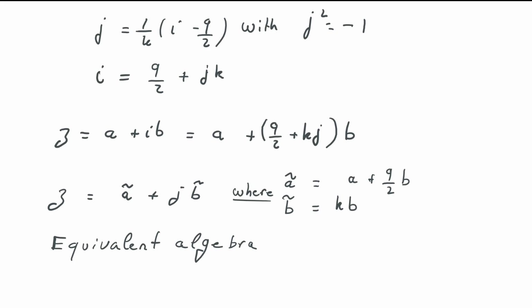So even if I choose an i for which the square is bizarre, I can always map it back to a number where I have a certain j for which j squared is equal to -1. So this is essentially an equivalent algebra, okay? And the choice i squared equals -1 plus i0 is simply the simplest because it has a 0 imaginary part, okay? It's a convenience, if you prefer.